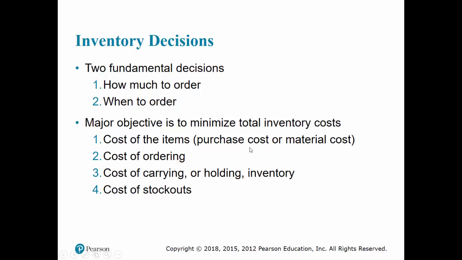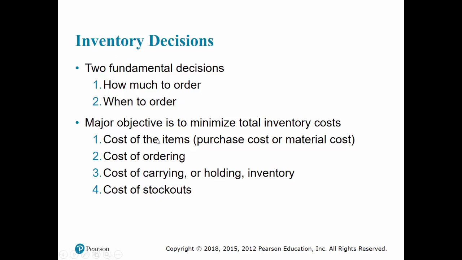Now, cost of the item, that is the unit cost, the material cost, even though it is an important cost, sometimes the decision that we make here may not have an impact on what our vendors will charge per item unless there is quantity discount. If there is quantity discount, then of course the order size will determine the cost of the item.